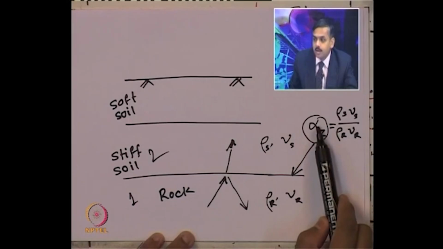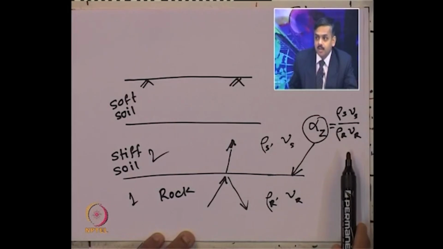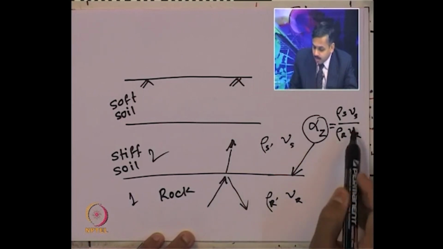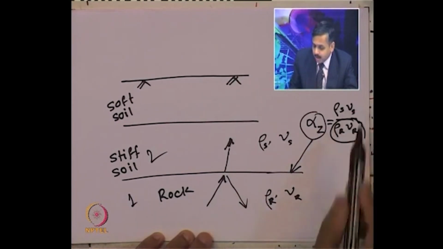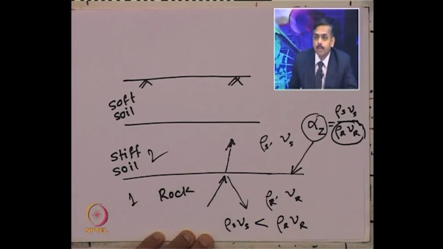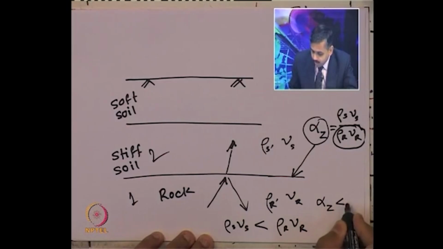The definition of impedance ratio is specific impedance of material 2 divided by specific impedance of material 1. Now, which parameter is more? This parameter is much higher than this. So, rho s V s is much lower than rho r V r. That is the typical case for our geotechnical earthquake engineering, which practically we will get at site. So, at site if we get this situation, obviously all practical cases of our alpha z will be less than 1.